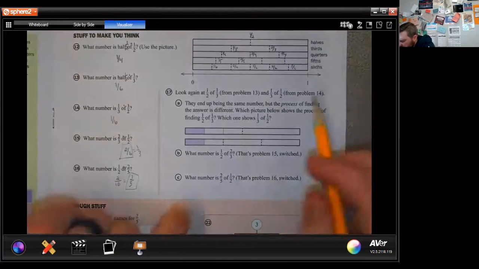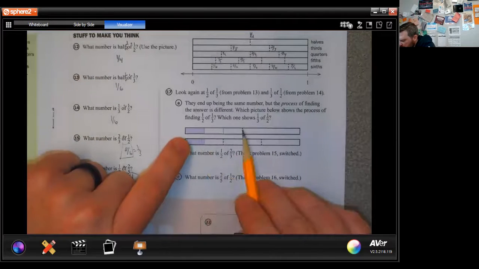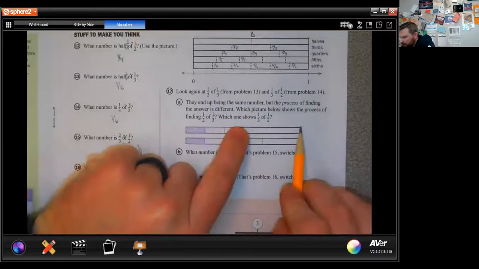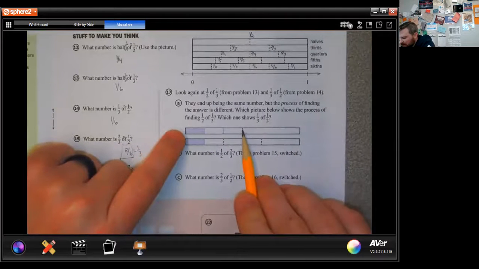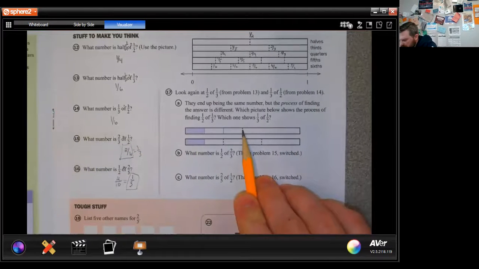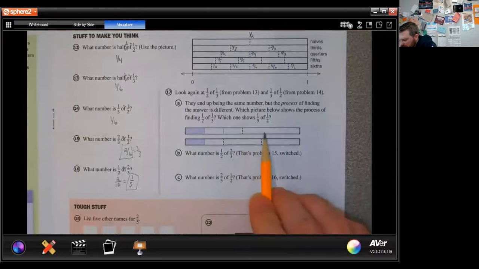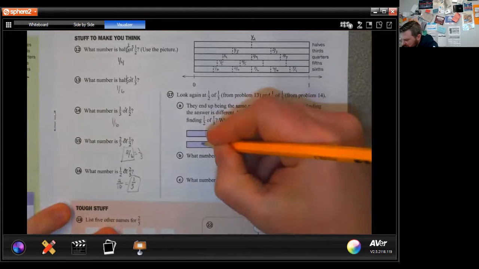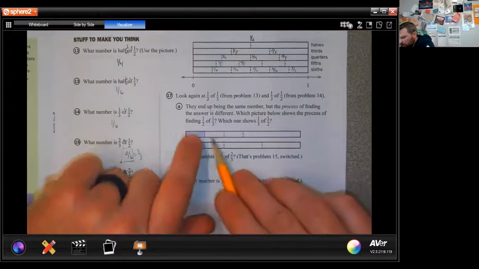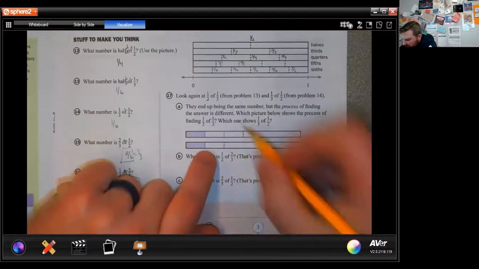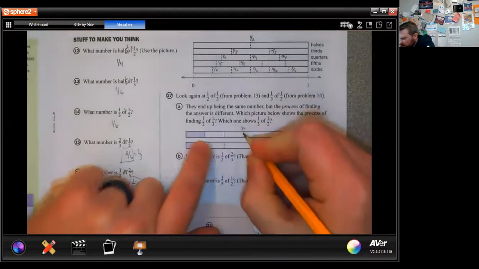Okay, so here in this picture, we have a half and a half. So then we take the half and divide it into thirds. So this picture, and your answer is here. The answer is the same in both. We broke the half into thirds.